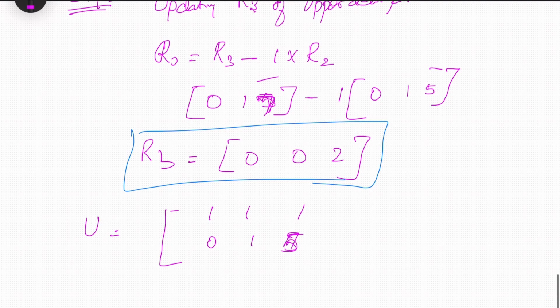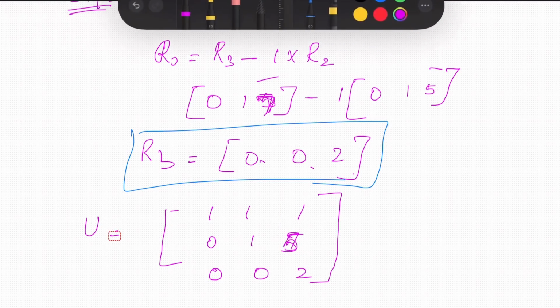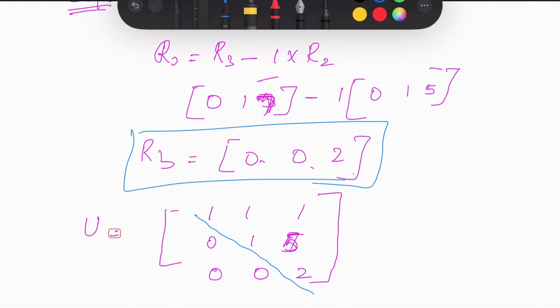R1 is always 1, 1, 1 here. So it is 3, 4, 10 minus 3, 3, 3, which gives you 0, 4 minus 3 is 1, and 10 minus 3 is 7. So what we end up with is 0, 1, 7.